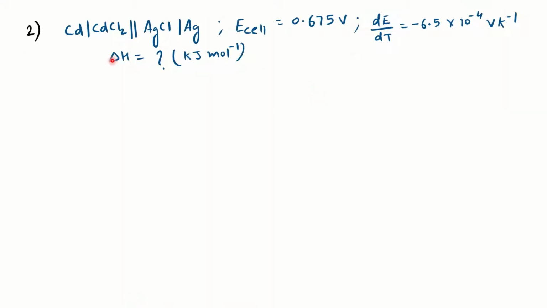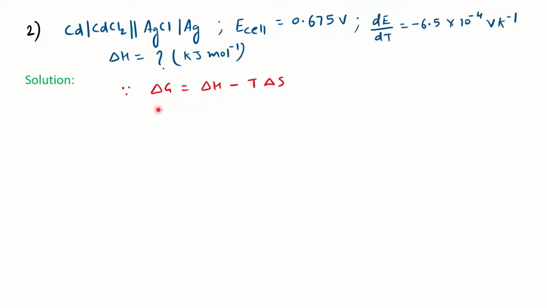Next question where they have given you a cell and its potential is given, along with that dE by dT is given to you and they are asking you to calculate del H in kilojoule per mole. So basically you should know the formula del G is equal to del H minus T del S, which is a very simple equation.